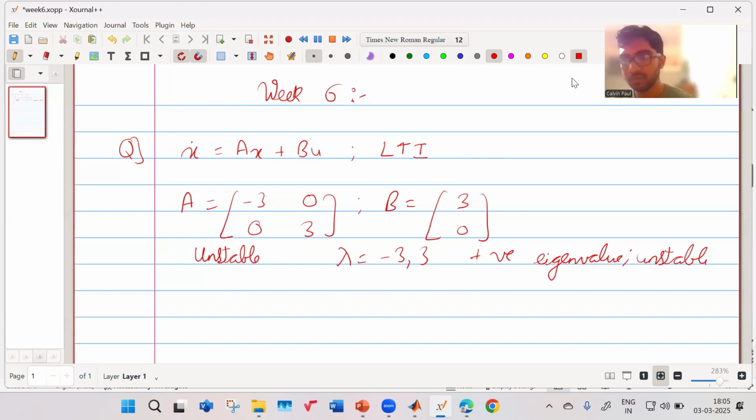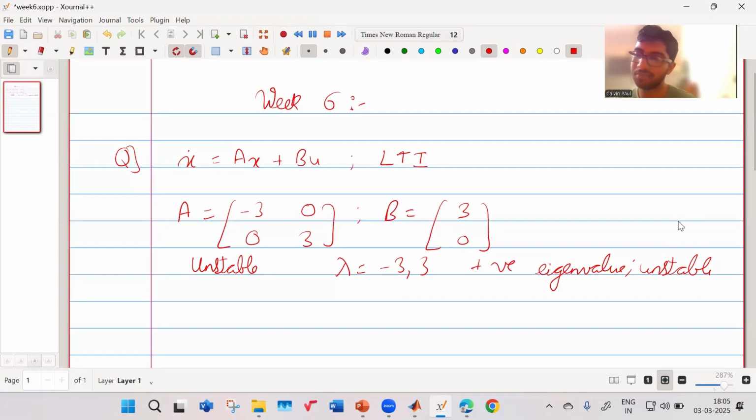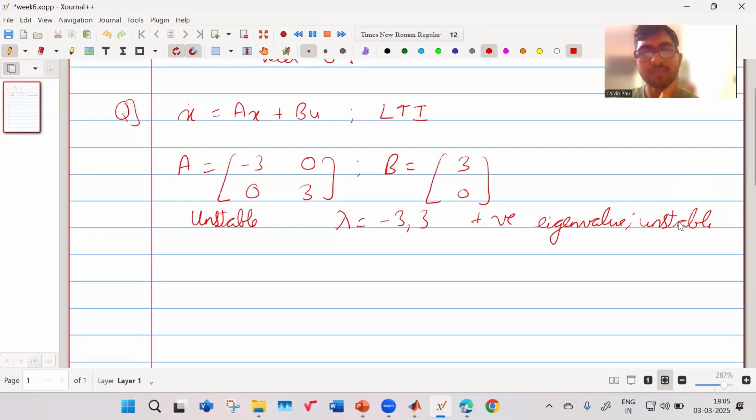We should check the observability. How do I check it? We have to find the Q matrix. Yeah, you're correct. The Q matrix, actually it is controllability, not observability. So that was B and AB.